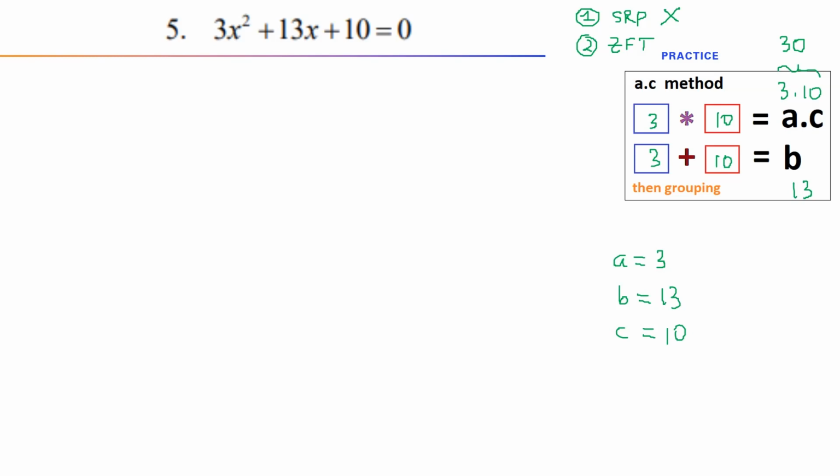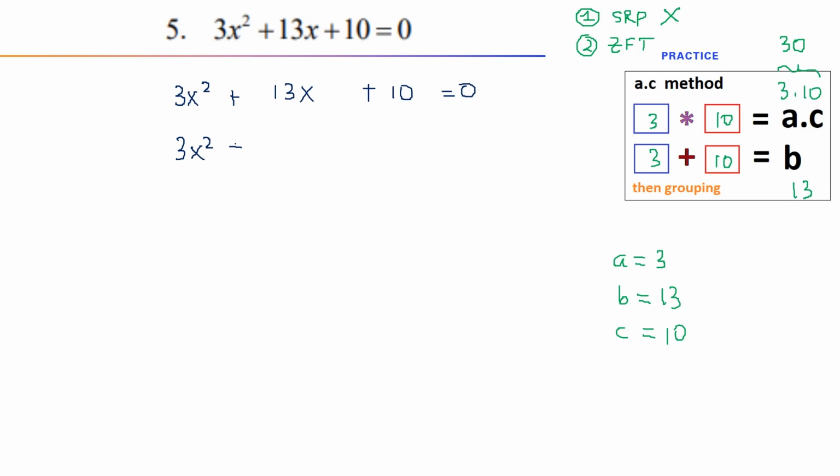All right, rewrite it. Break the 13x term into 2 pieces. So 3x squared plus 13x plus 10 equals 0. Rewrite one more time.